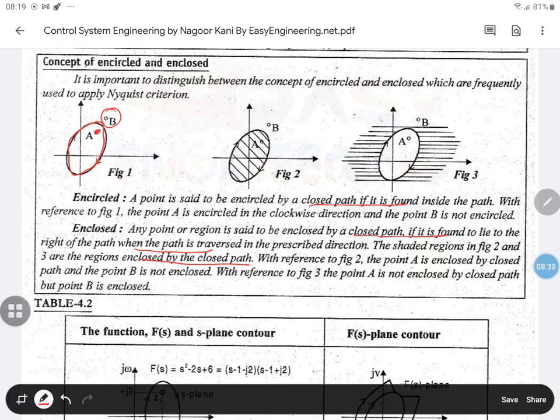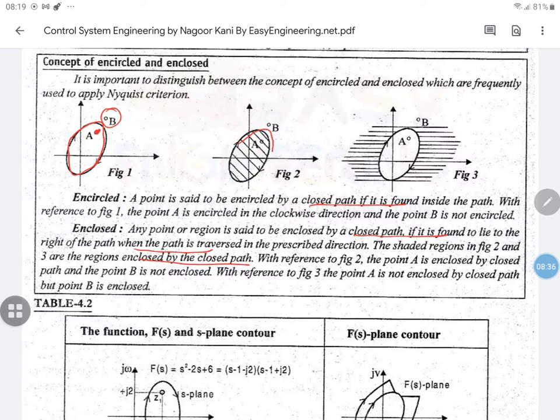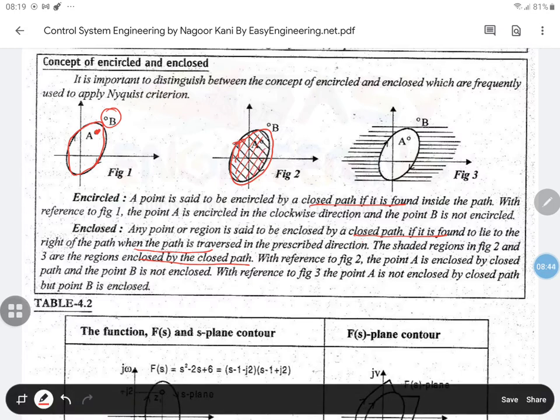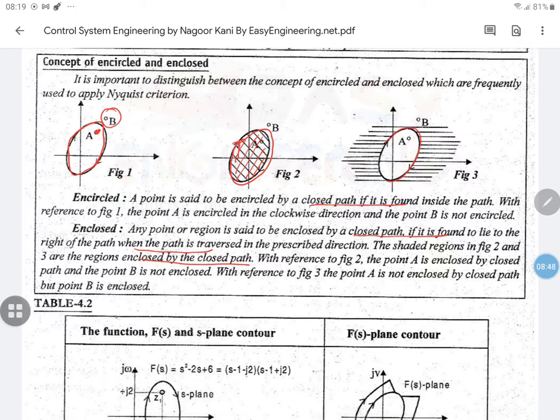You can see here, this is the contour, this is the area enclosed.